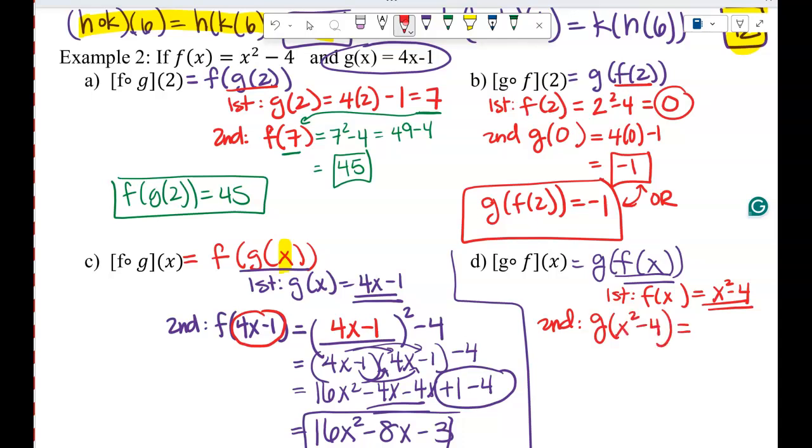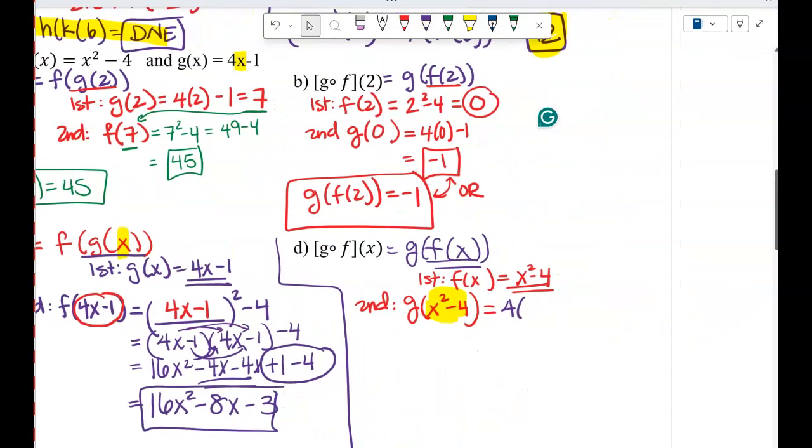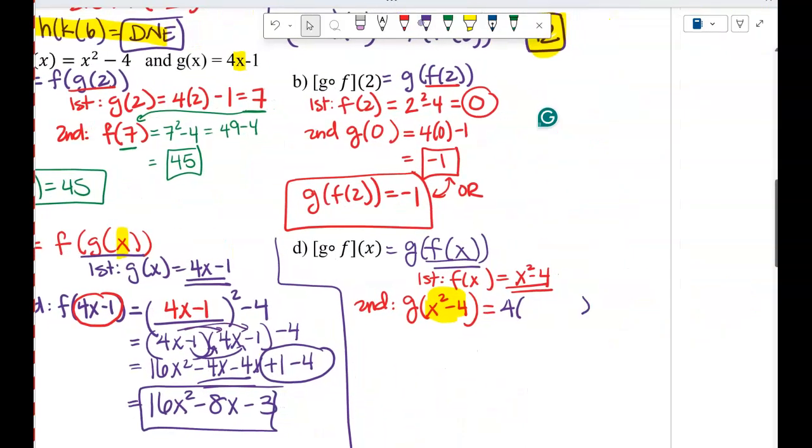This means every time we see an x, guys, we need to substitute x with x squared minus 4. We only have one x in this place here. So what I'm going to do is copy down the 4. I see an x, so I'm going to give it a blank space and then drop the minus 1. And that x gets x squared minus 4. And then we just have to distribute and then box it up.